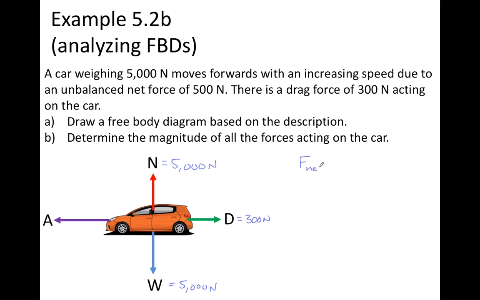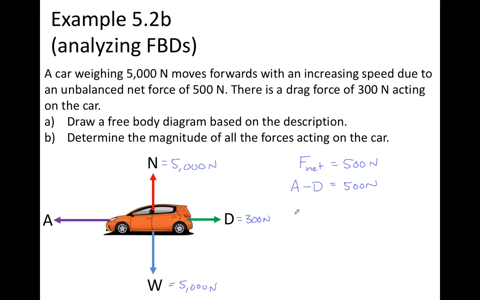So we know the net force on the car has a value of 500 newtons. And we also know that the net force is going to equal the applied force minus the drag force. The forward force minus the backwards force has to equal 500 newtons.